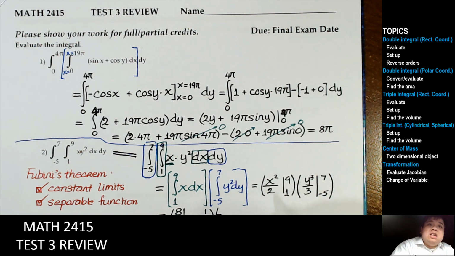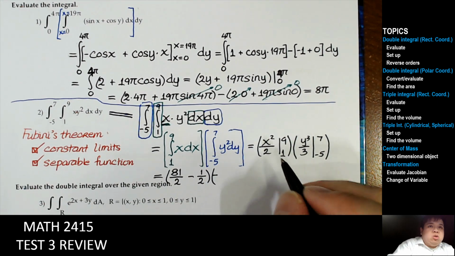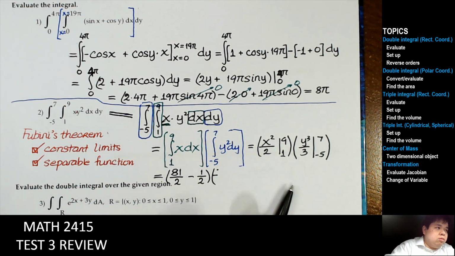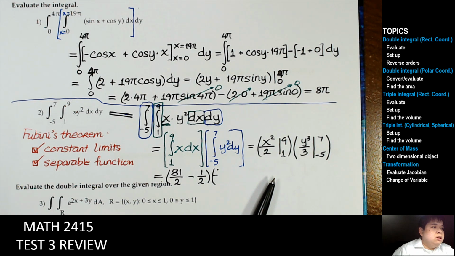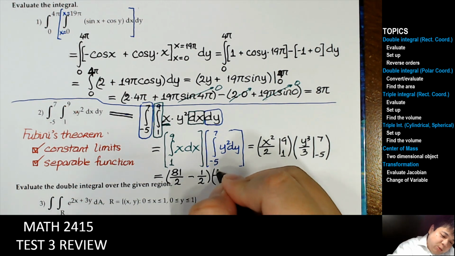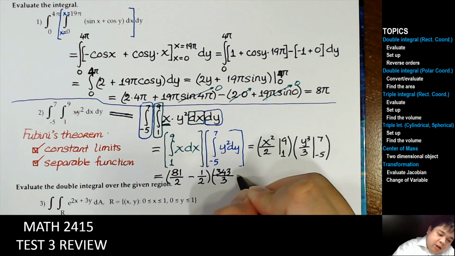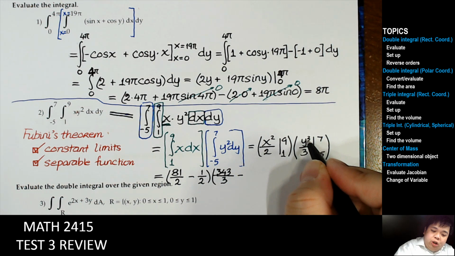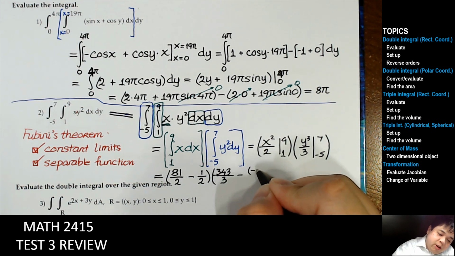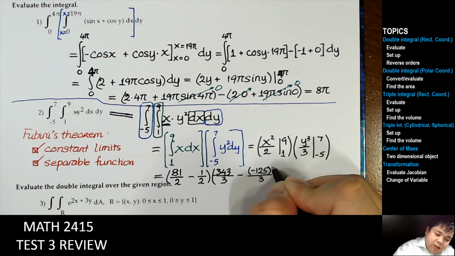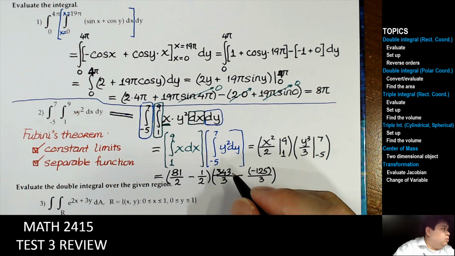Put 7 in there, 7 cubed is 343 over 3 minus -5 cubed is -125 over 3.